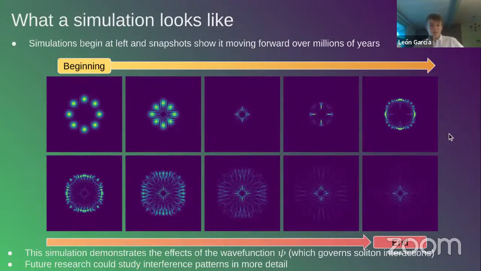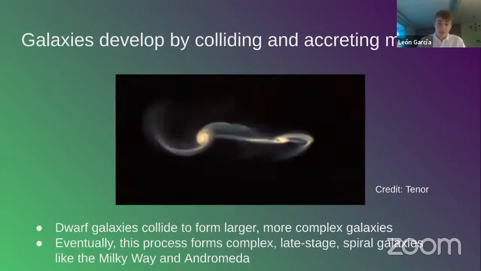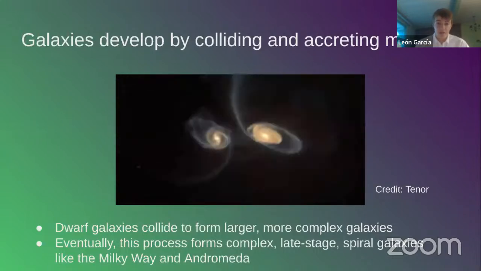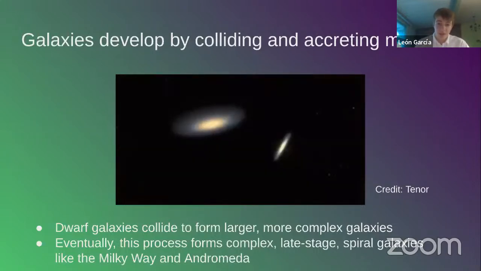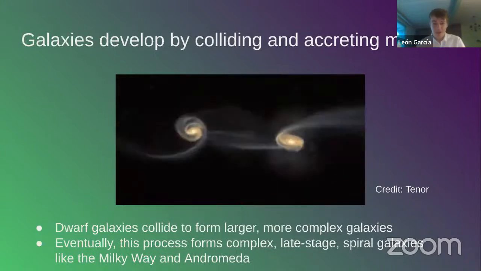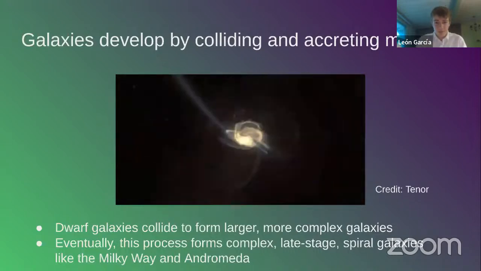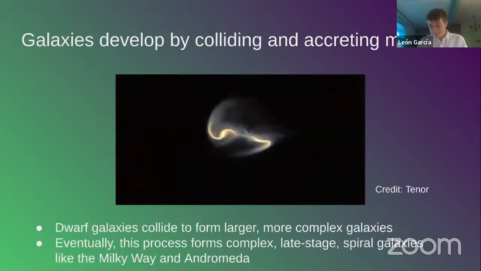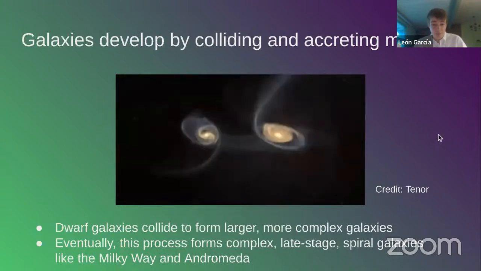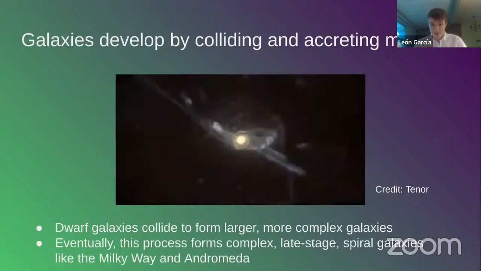And on to talk about one of the more realistic simulations that I did. Just a little bit of background on how the universe changes over cosmic time: smaller galaxies collide with other small galaxies to create larger ones, kind of like a survival of the fittest, if you will, where after these small galaxies collide and merge, they form larger late-stage spiral galaxies like the Milky Way and Andromeda.